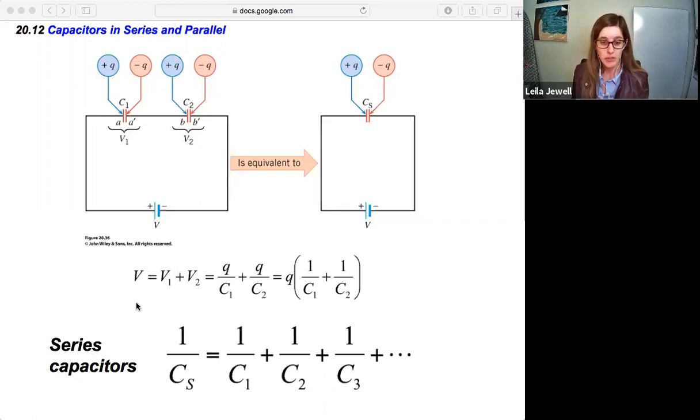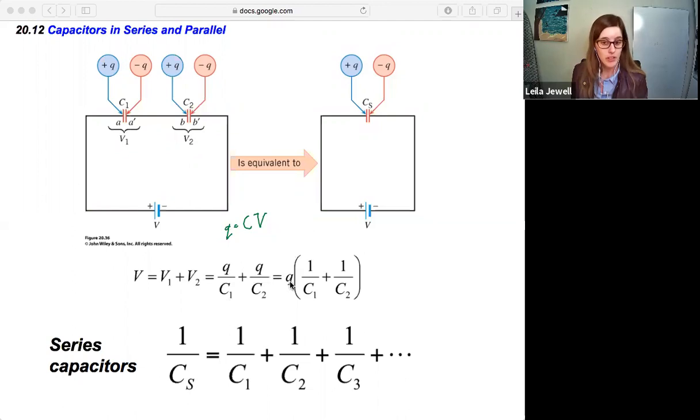So we can take the overall voltage V, and that's equal to V1 plus V2 by Kirchhoff's loop rule. And we can rearrange Q equals CV to be V equals Q over C, right? This is just coming from our capacitance equation, Q equals CV. But now it's V equals Q divided by C. The Q is the same in both cases. The C is what's different.